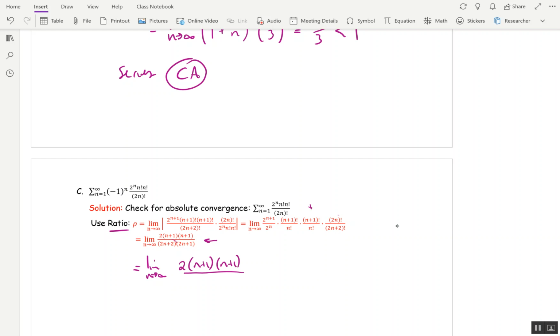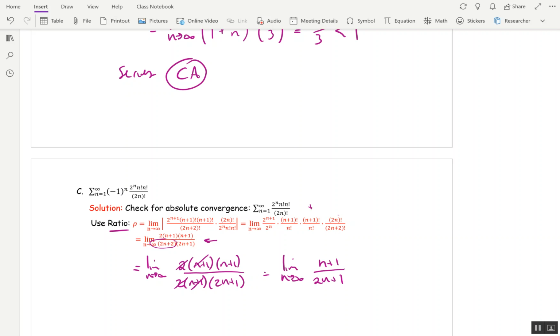Pull a 2 out of this first expression, 2n plus 1 times 2n plus 1. Now I can cancel the 2's and I can cancel one of the n plus 1's. And that's the limit as n goes to infinity of n plus 1 over 2n plus 1.